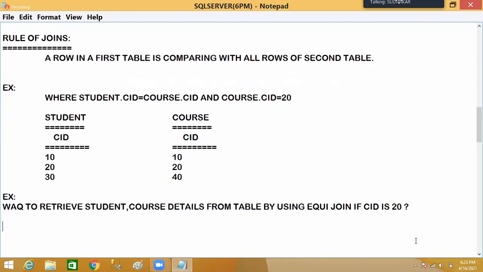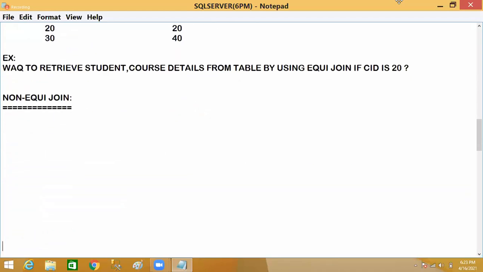In the same way, the next join is the non-equi join. So guys, here the non-equi join is quite the opposite of your equi join.